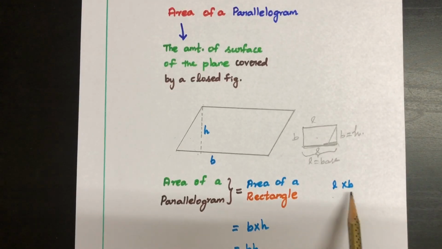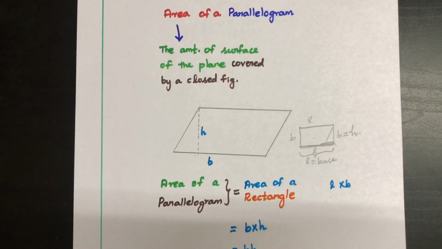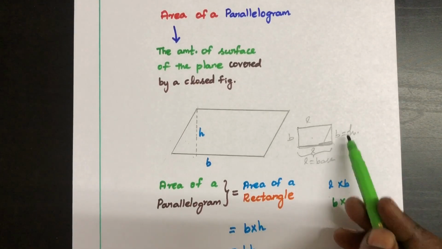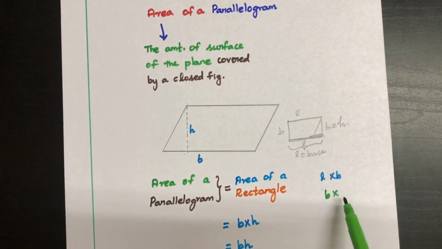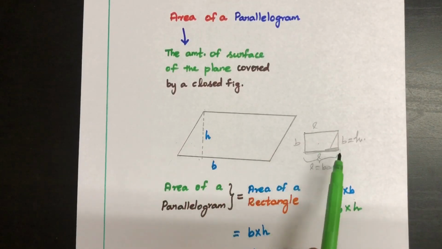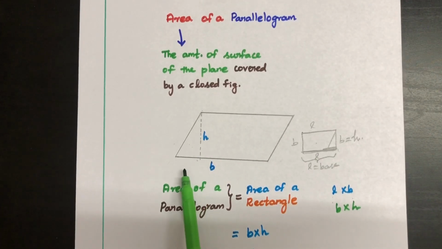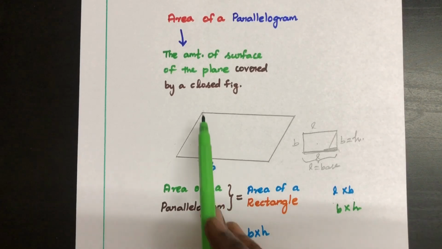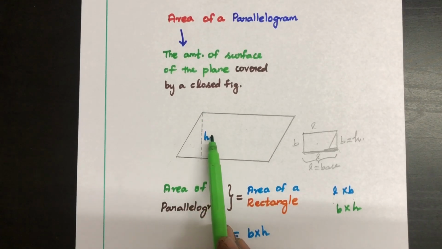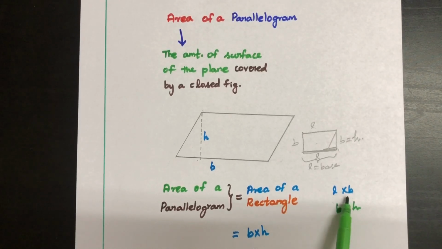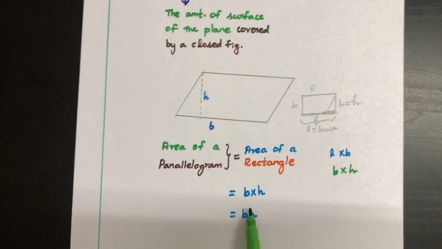Instead of L into B, instead of L just give B, and instead of breadth just give height. This is nothing but the area of a rectangle, but we have named it base and height. So the area of a rectangle is L into B, and the area of a parallelogram is B into H, base into height.